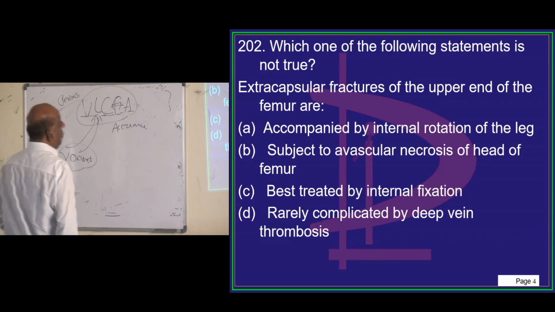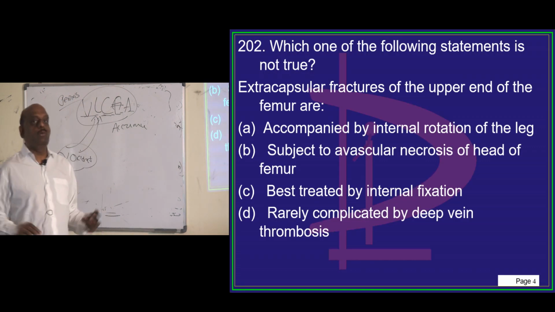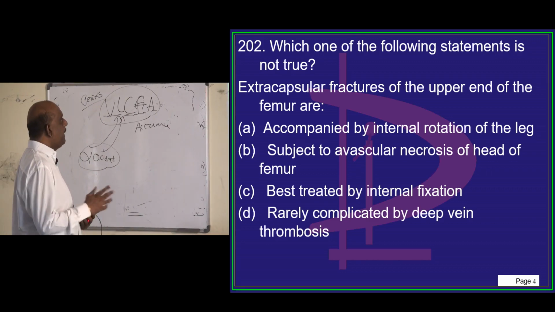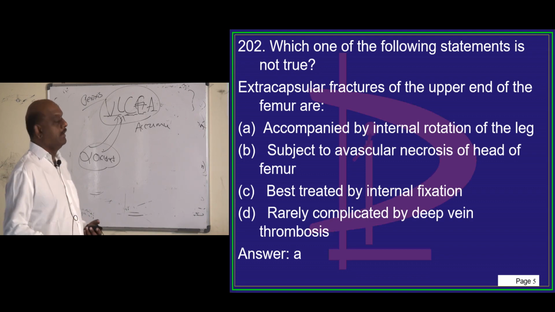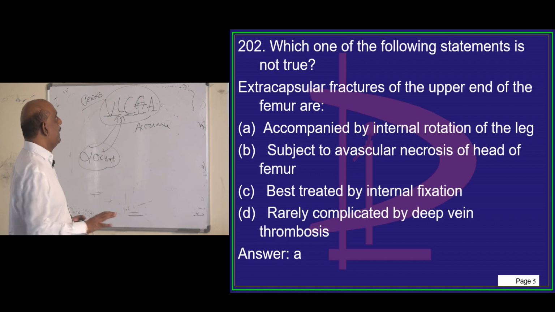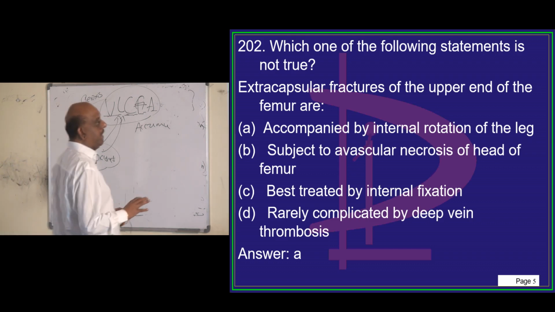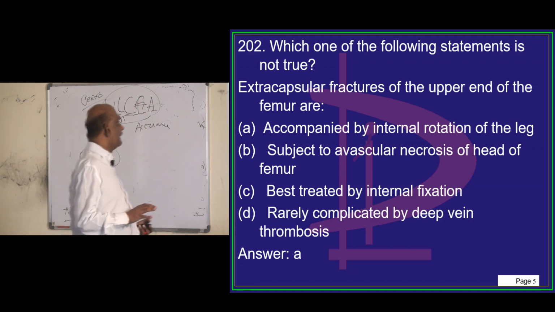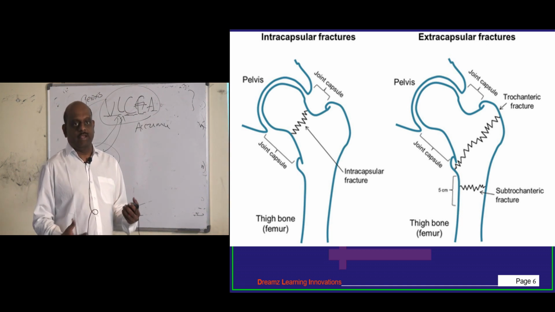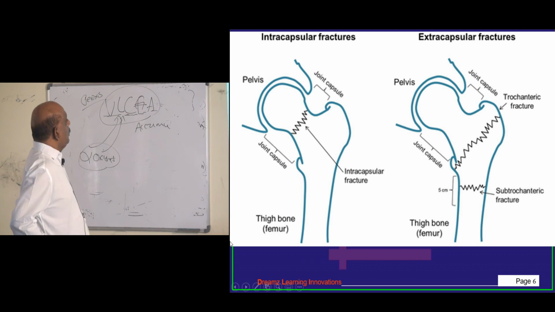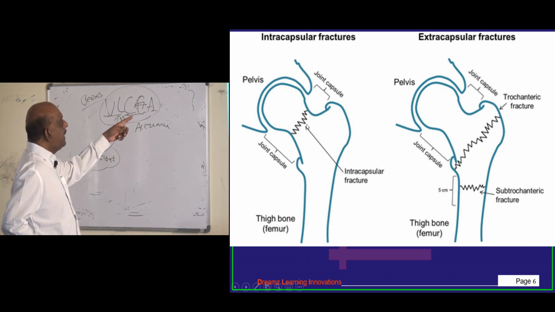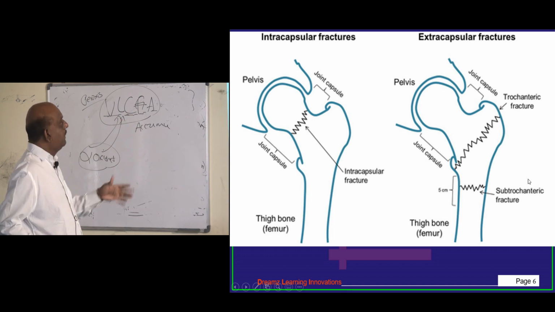Now, which is not true about extracapsular fractures of the upper end of the femur. Extracapsular fractures typically are accompanied by... first of all, what are extra and intracapsular? So you have the joint capsule and any fracture in this area is intracapsular.